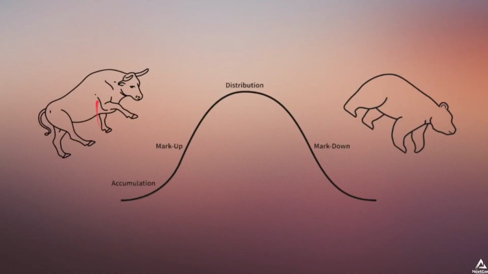The reason why we call it a bull market is because bulls thrust their horns upwards to the air, and this would encompass the accumulation and markup phase and part of the distribution phase, whereas bears swipe their paws down. And essentially, a bear market would encompass the later half of the distribution phase, as we see prices start to decline, the markdown part of the market cycle and the beginning of the accumulation phase.